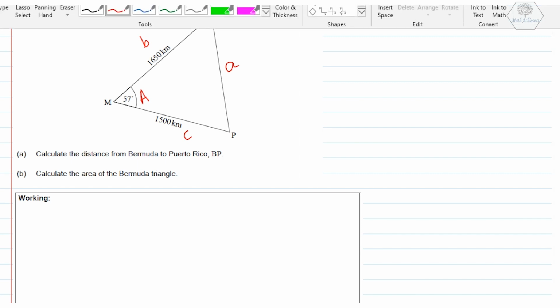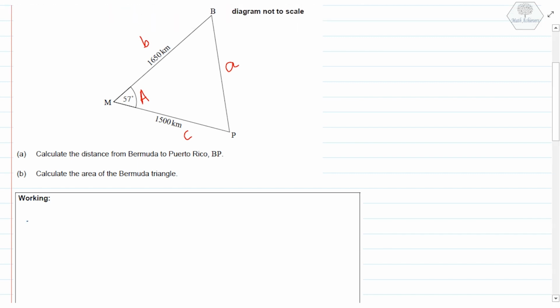So for part A, I need to use the cosine rule. Cosine rule, which is a squared, is equal to b squared plus c squared minus 2 times b times c times cosine the 57. A squared is unknown.